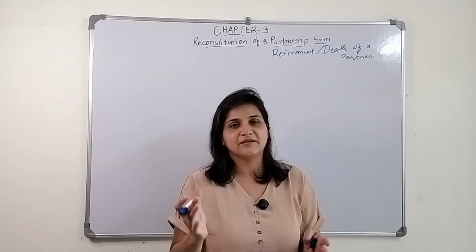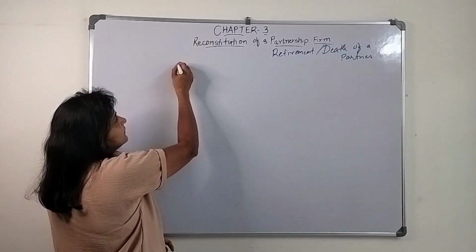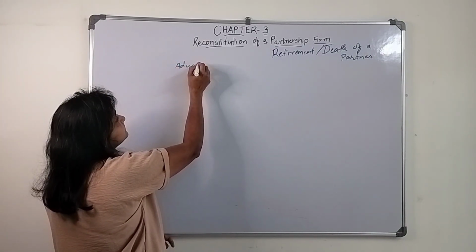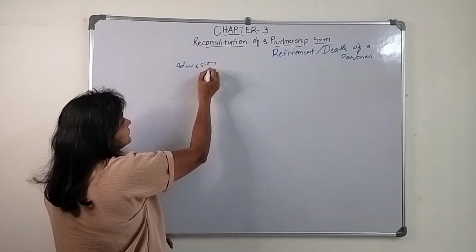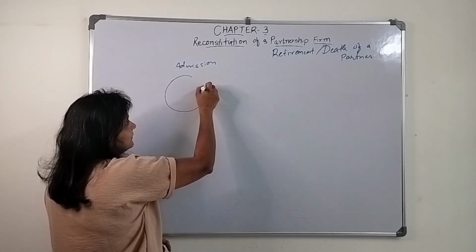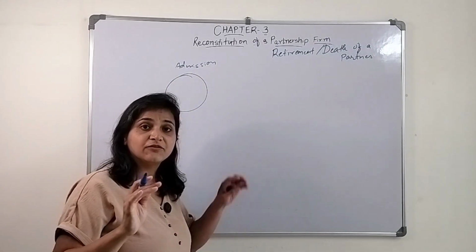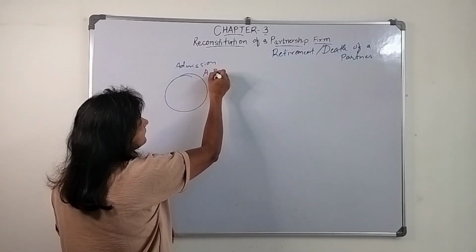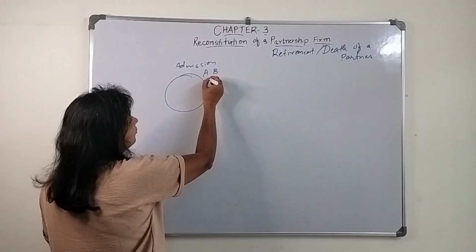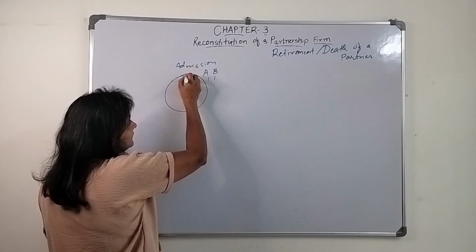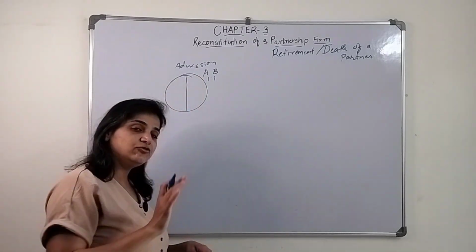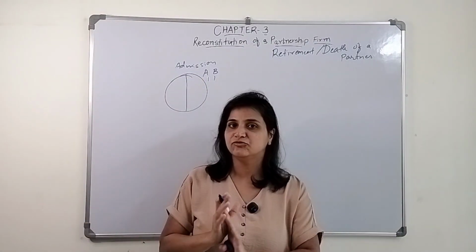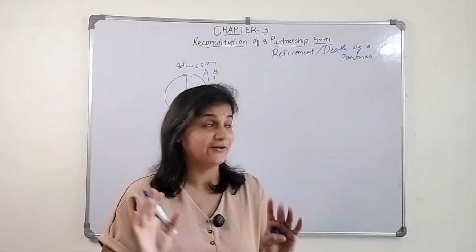Now, let's recall what we studied during the admission of a partner. Earlier, let's say there was a piece of cake being shared by two partners, A and B, in the ratio of 1:1. That means A used to eat half of the cake and B used to eat half, whosoever's birthday comes.